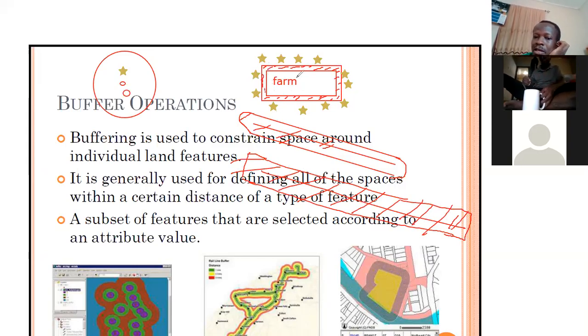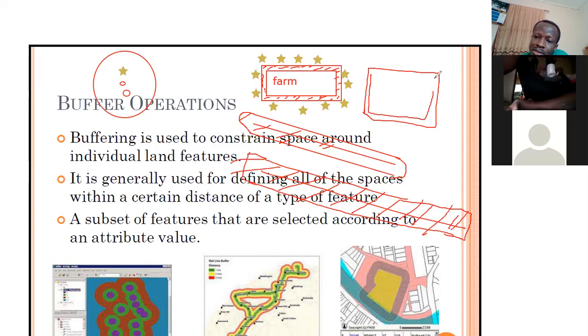But why would you even do an outer buffer for a farm belt and not an inner buffer? The inner buffer is where, instead of buffering outside the object, you buffer within it. So the buffer goes inside the object. This is the buffer area, or buffer zone.